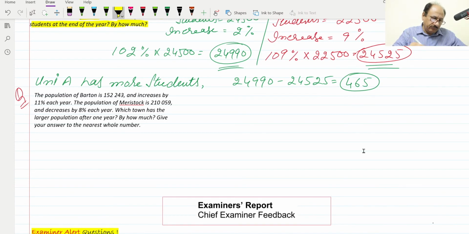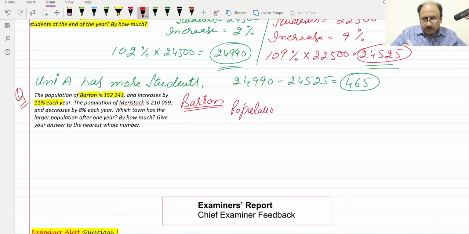One more question which we have taken is the population of Barton is this much and increases by 11%. So we will write the situation for Barton: the population is 152243, and the increase is 11%.